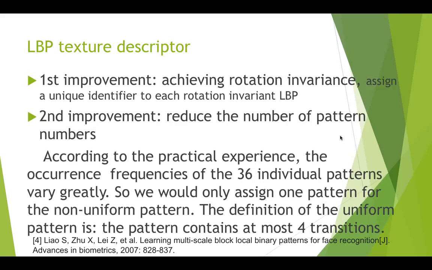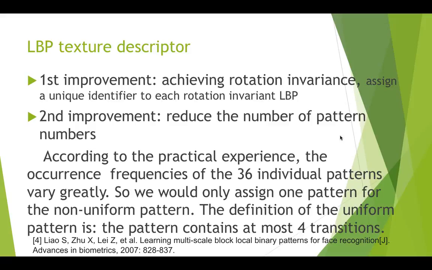And there are two improvements. The first one is, in order to achieve rotation invariance, we assign a single unique identifier to each rotation invariant LBP. The second one is to reduce the number of pattern numbers.